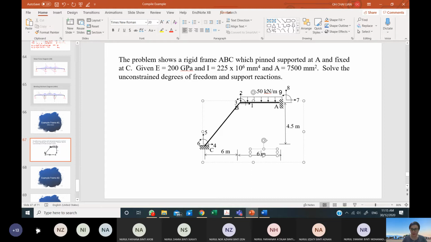You can take down this problem first. Can you see this? If not, I enlarge it again. Are you able to see the frame details? Yes. Please take down the problem.